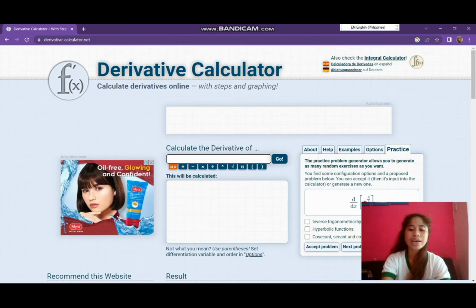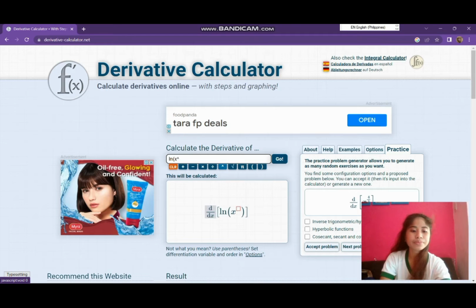So ln of x squared plus e to the power of x squared.